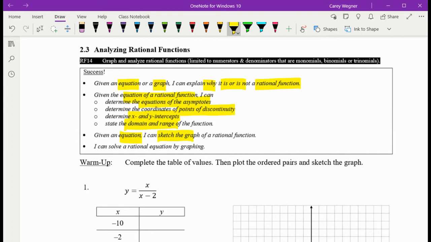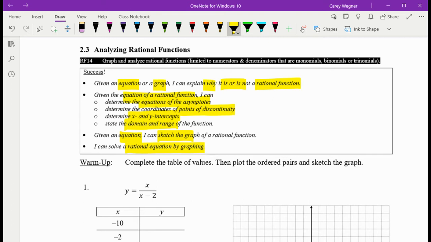So if we get this lesson down well, 2.4 will be no problem. Finally, once again, we're going to look at equations and solving by graphing. In grade 11, you solved rational equations algebraically. This year, all that we're required to be able to do is solve by graphing, which makes the process a little bit easier for us.